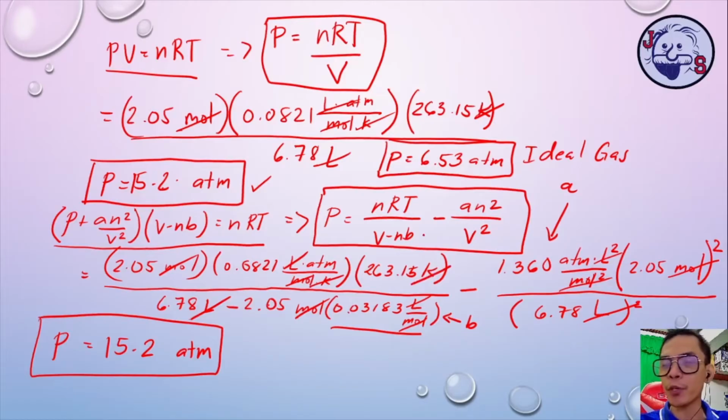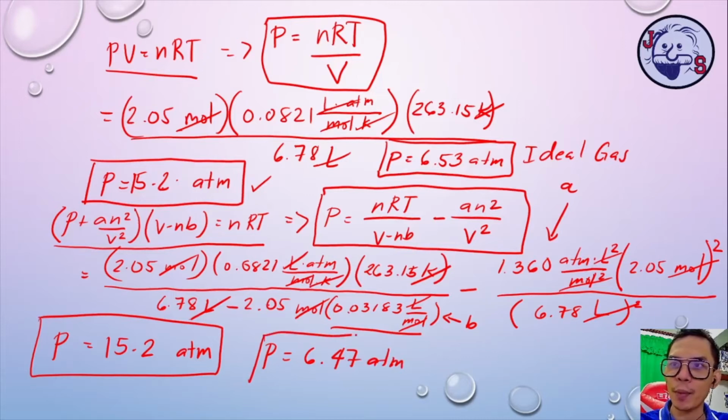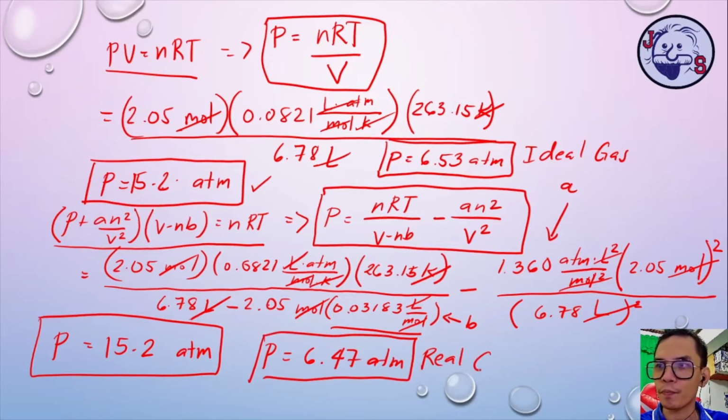Okay, so upon computing, we get the pressure as 6.67 atmosphere. This is for the real gas, using the van der Waals equation.